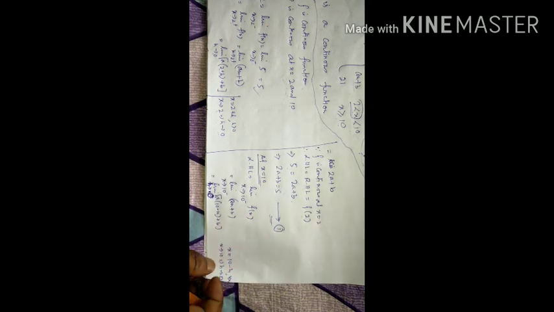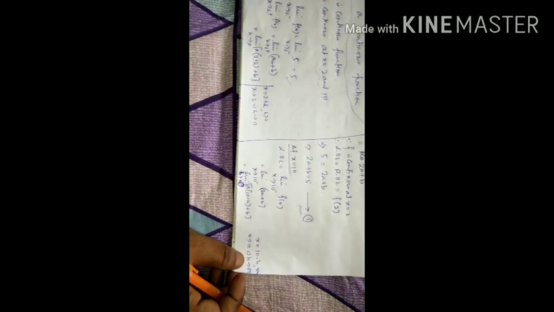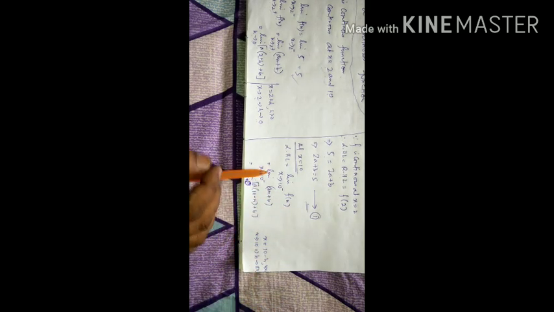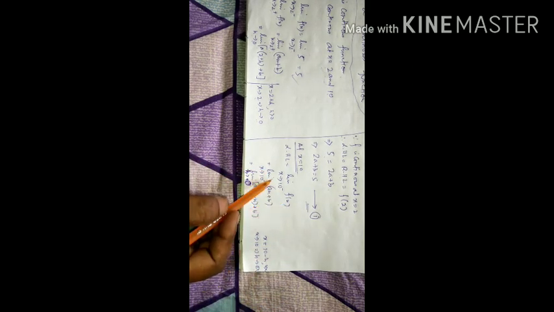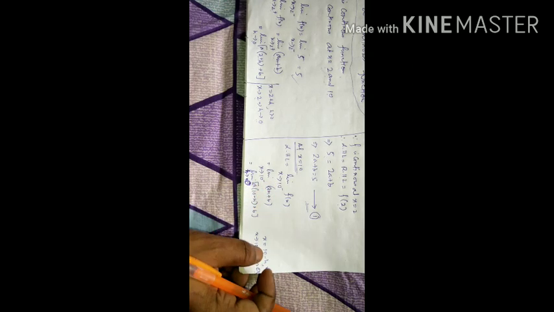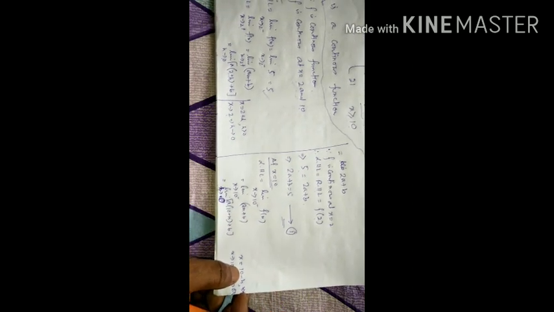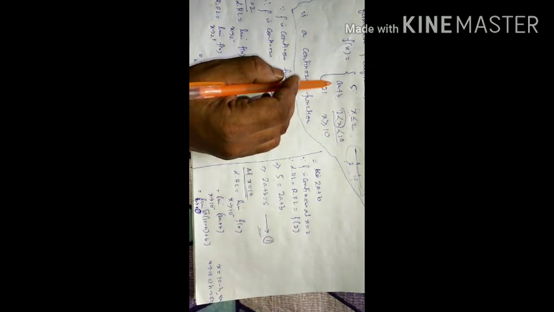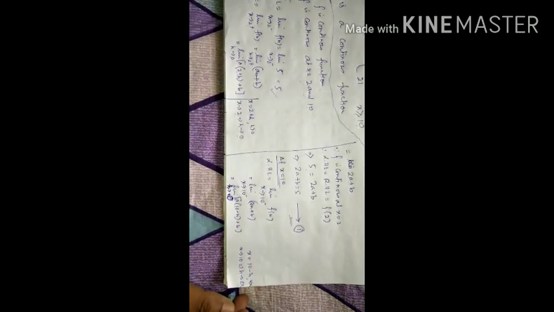Now at x equal to 10. The left hand limit is the limit as x tends to 10 minus of f(x). x tends to 10 minus means x is less than 10, and from the definition of the function, the functional value is ax plus b. So f(x) is ax plus b, and x can be written as 10 minus h, where h is a positive quantity.